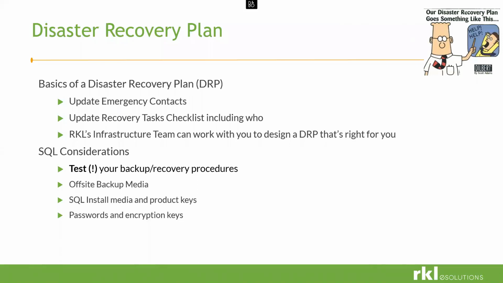So if you're on an older version, it's likely that they won't have those download links for you. So you're going to want to make sure that you have that in a safe place. Also, RKL does keep the versions, and if you need one that goes back further, you can contact us and we can get that over to you. Of course, it's always easier if you've got them in a safe place.